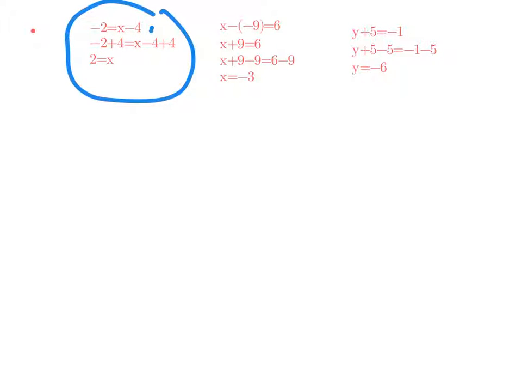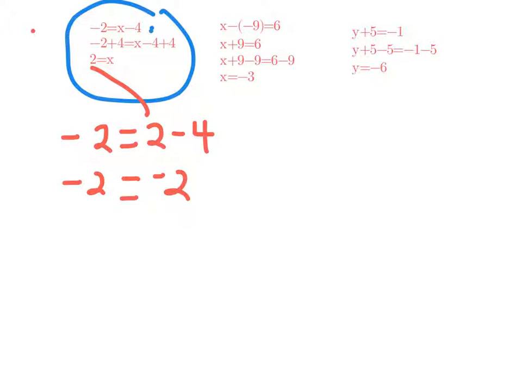Now if we go back and see if that works, is that the solution? We have negative 2 equals the 2 there, minus 4, and that will be negative 2 equals negative 2. So that one does check out.